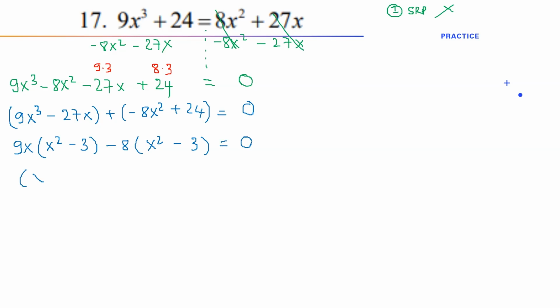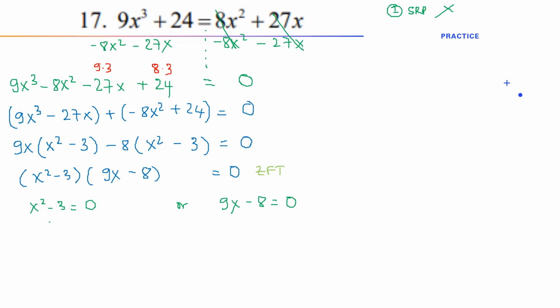The common factor now is x squared minus 3, times 9x minus 8, equals 0. Now we can apply the zero factor theorem. We have x squared minus 3 equals 0, or 9x minus 8 equals 0.